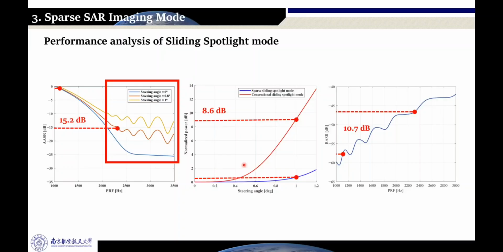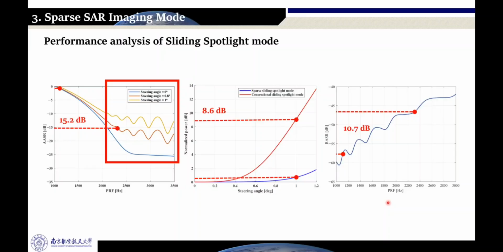But when the steering angle is equal to 1.2, the change in ASR is less than 2 dB in sparse mode. So, the sparse sliding spotlight mode effectively reduces the effect on ASR from the steering angle, which means that it can achieve higher quality images compared to the traditional mode.